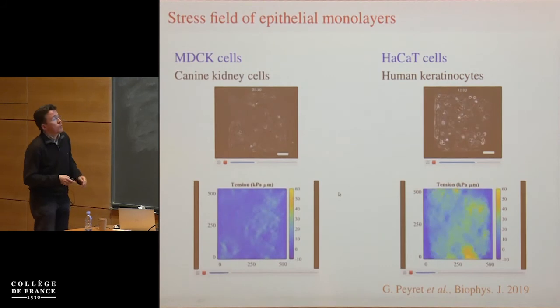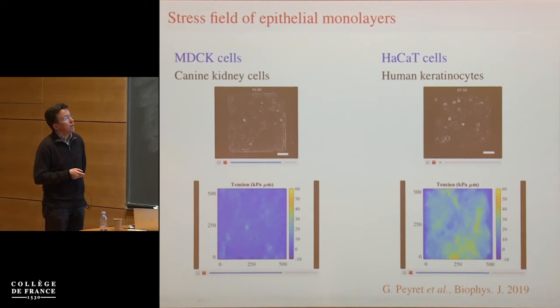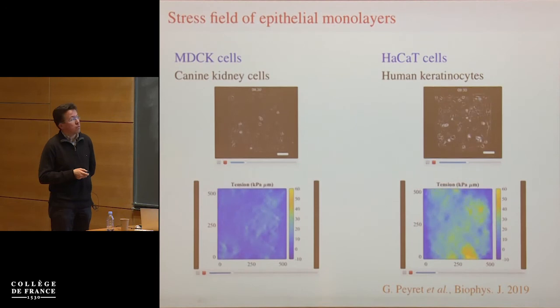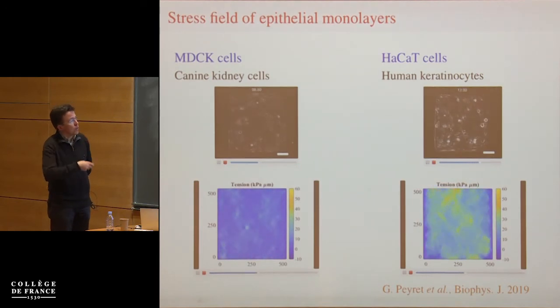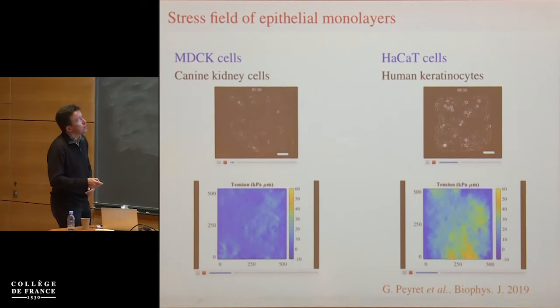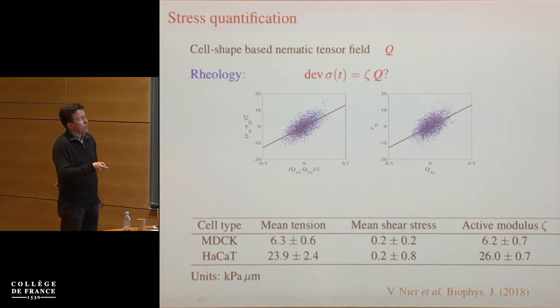And this is a typical corresponding movie of the tension field in space and time, with obviously much larger values of the tension that agrees qualitatively with the increased activity that we see above, and again, fairly large inhomogeneities in space. So of course, we can be quantitative and give values of mean tensions and mean shear stresses. As I said, tension is much larger in HaCaT than in MDCK cells. In both cases, shear stresses are close to 0.